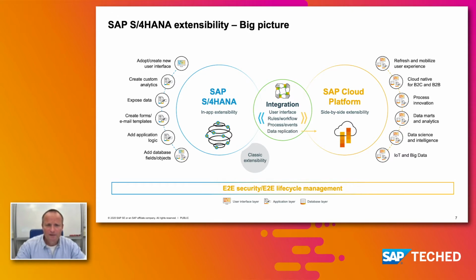Let me shortly explain the gray bubble you see right here, classic extensibility. Classic extensibility is only available in on-prem. That's not true for the others. All the things I mentioned before are available in the cloud version as well as in on-prem. This is not true for classic extensibility.